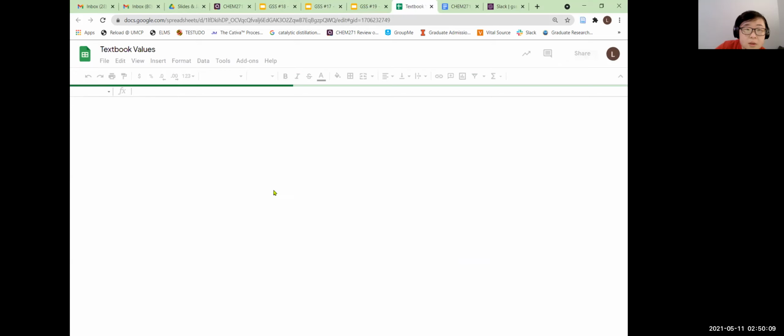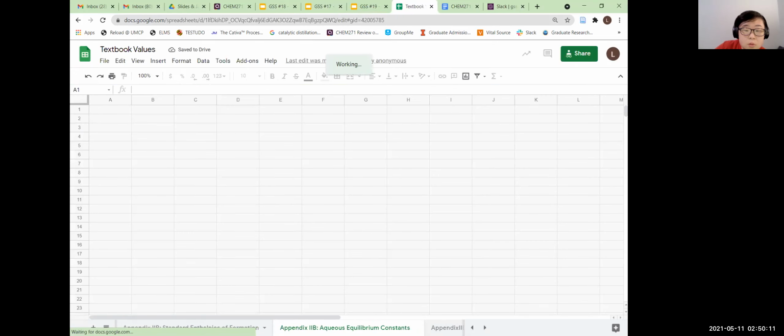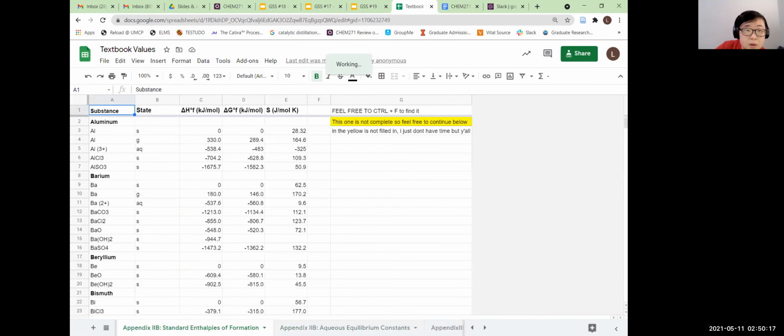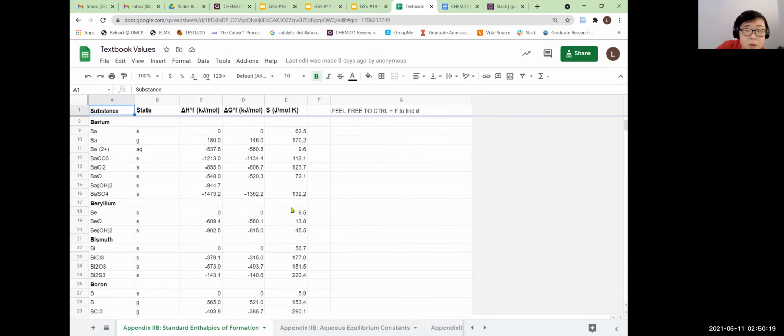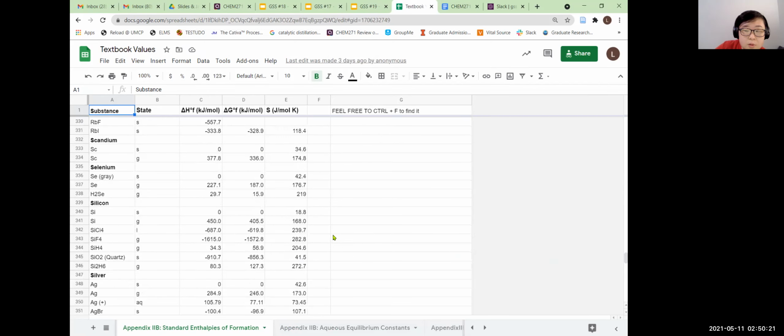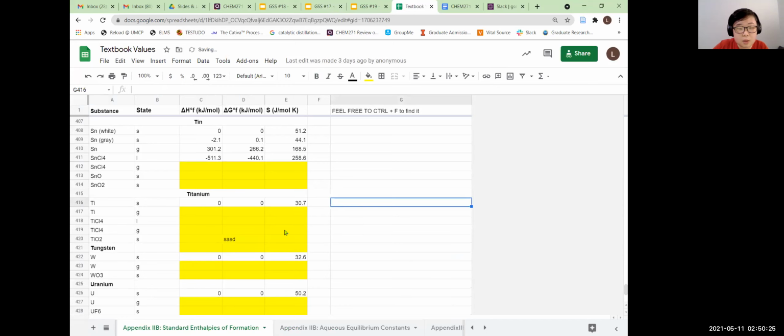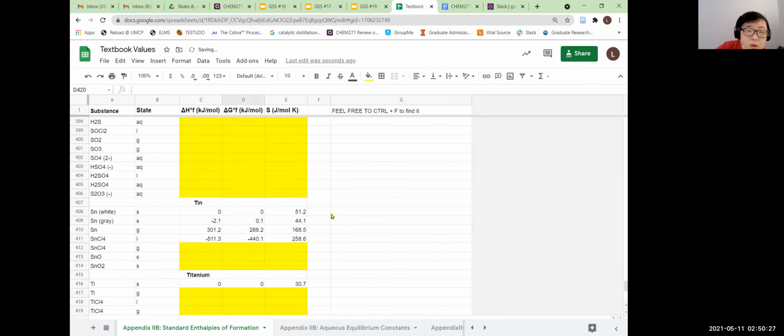So somebody was nice enough to put these tables in this doc with the textbook values. Also, this one's not complete, so you can feel free to fill these in. They're conditional formatting, so if you type something in, it'll just turn white.